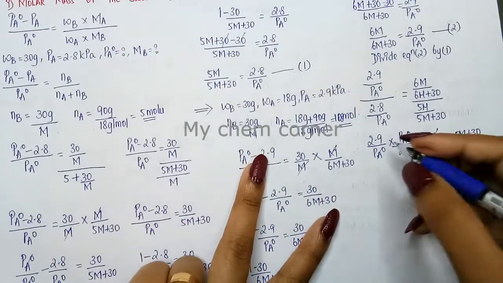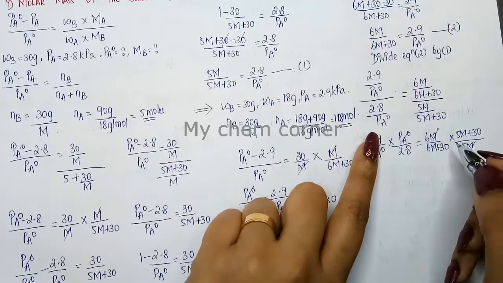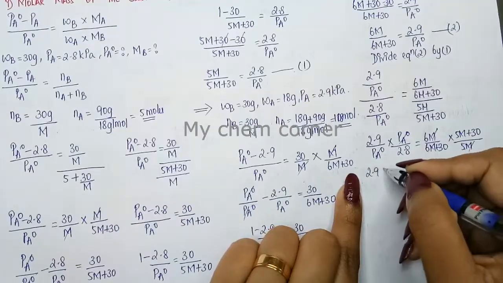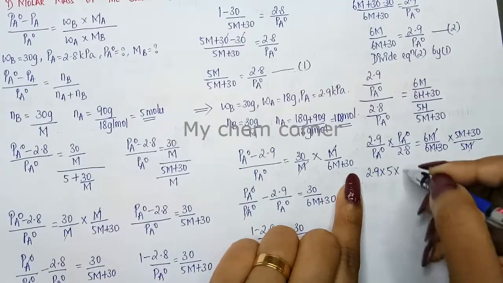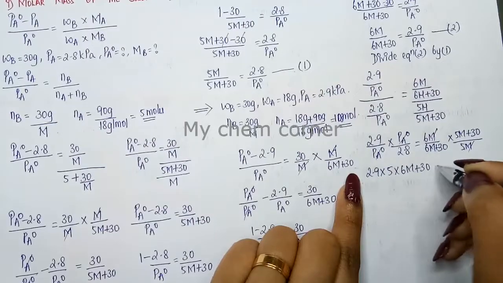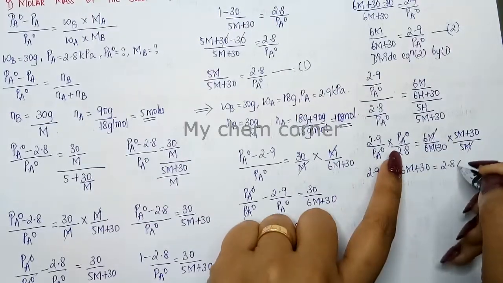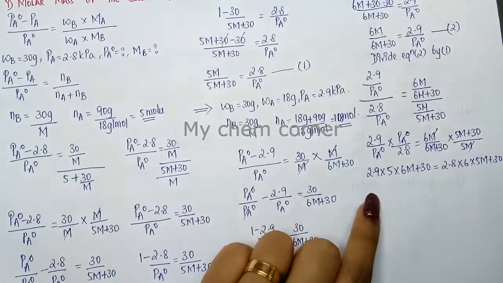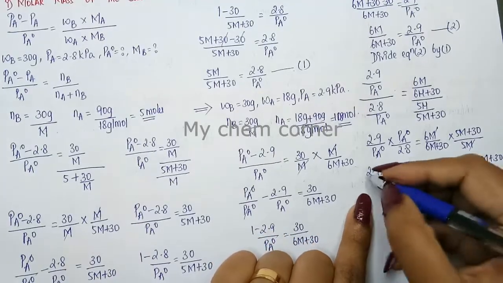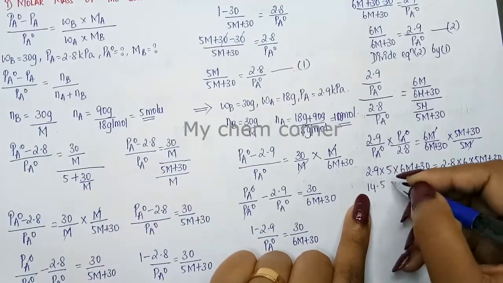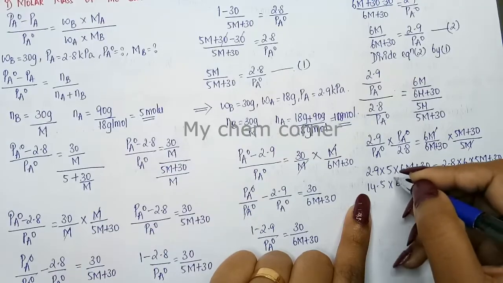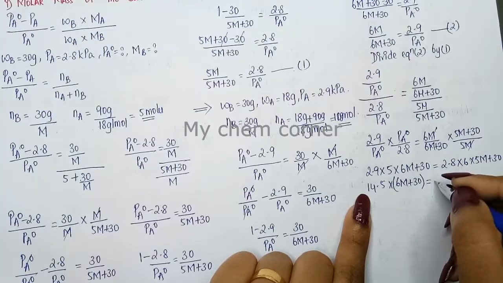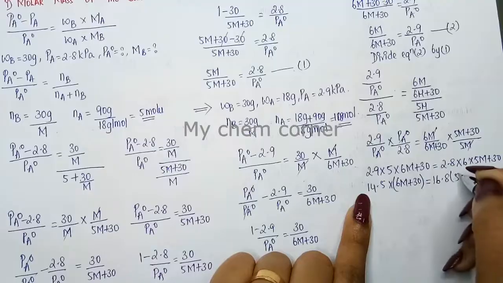When I cross multiply them, I will get 2.9 into 5 into 6M plus 30 on one side. Same thing on the other side: 2.8 into 6 into 5M plus 30. All that I did was just cross multiply. 2.9 into 5 is going to be 14.5, into 6M plus 30, which is equal to 2.8 into 6, which is 16.8, into 5M plus 30.